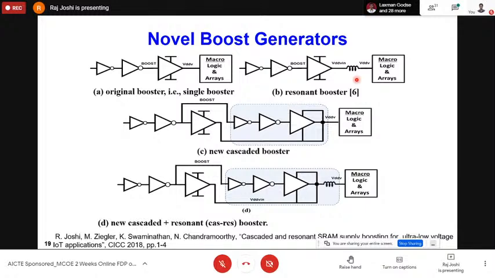You can use this LC tank to deliver power to your circuit. So in a way, you're saving power. That's the whole idea behind this. You can read through the literature, but there are multiple ways: boosting, resonant boosting, cascaded booster, and cascaded plus resonant booster by adding an inductor and things like that.